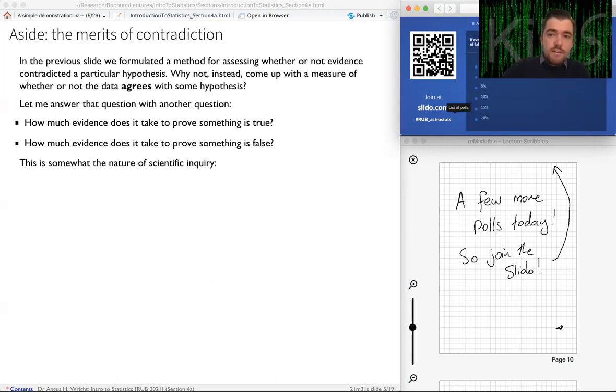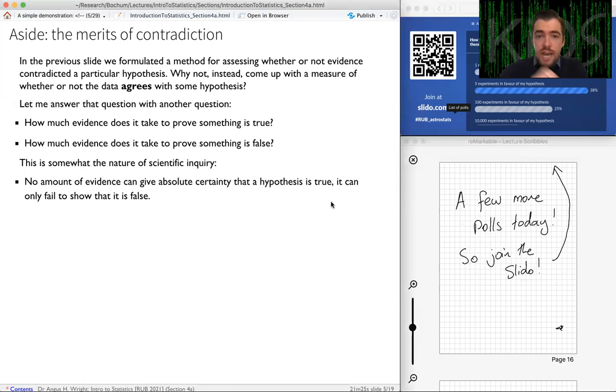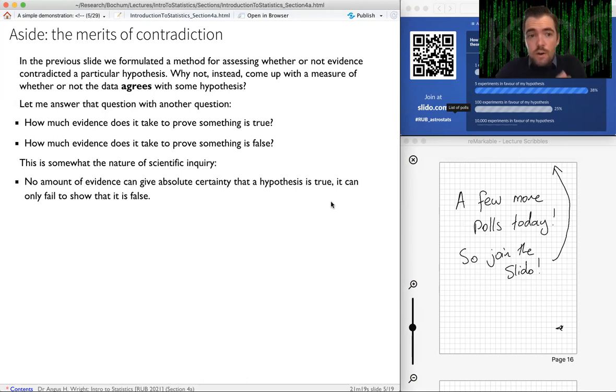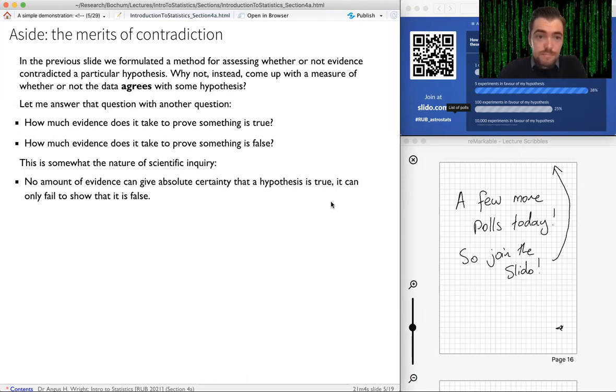So I would say that no amount of evidence can ever give you absolute certainty that a hypothesis is true. It can only fail to show you that the hypothesis is not true, which is to say that you always have to take more observations to create greater confidence. You can never be 100% certain about anything.